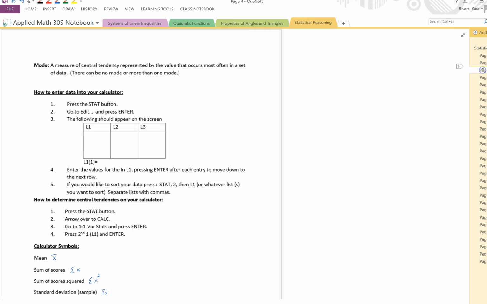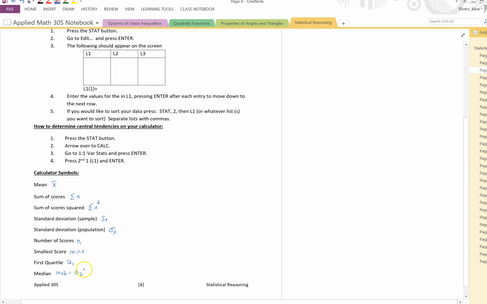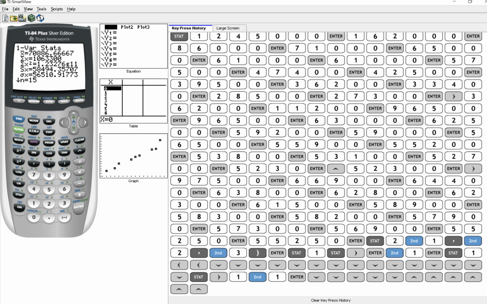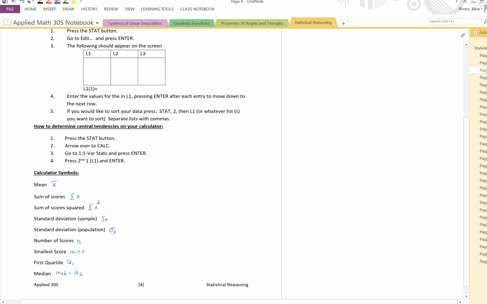Now, if we go back, looking through here, our median was given as our second quartile, okay? So let's go to our calculator, right? And if we scroll down, median right there, 57,500. So that's the middle value.